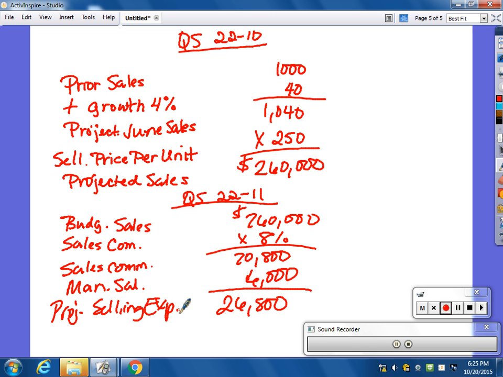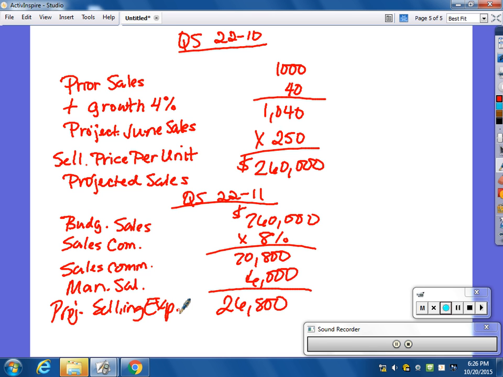No, I'm talking about the budget as the example in your book. What is the budget called? Cash budget and cash receipts budget are two different budgets. So, are you doing a cash budget or a cash receipts budget? Cash receipts. Okay. So you started off with June sales of 260,000.